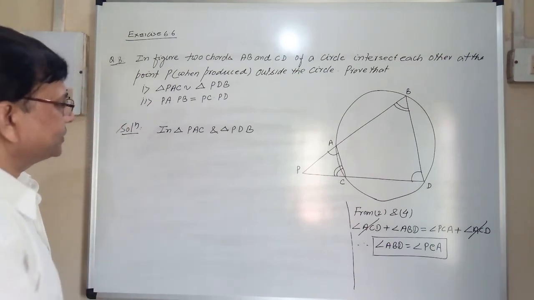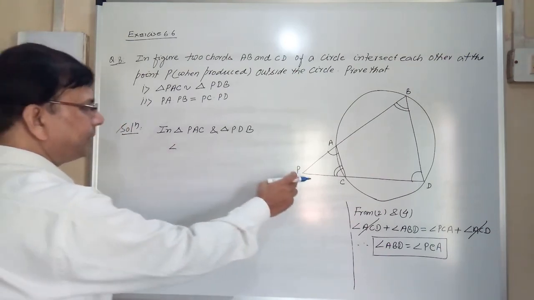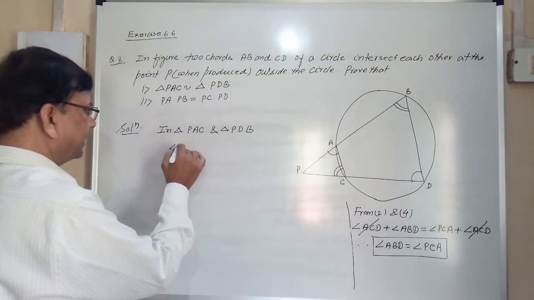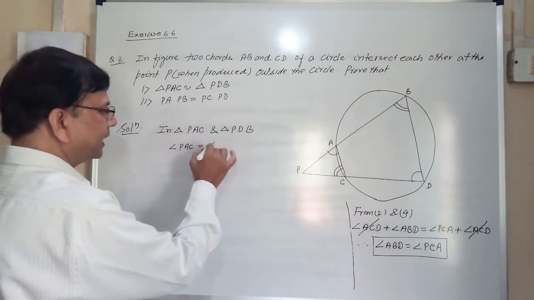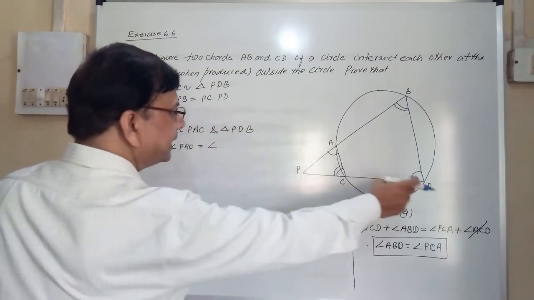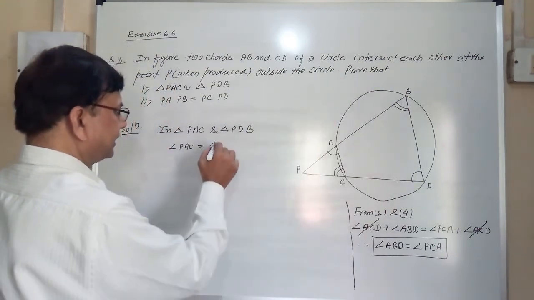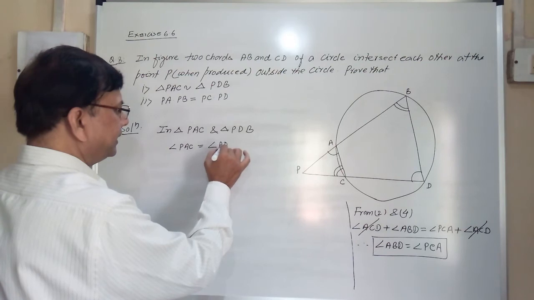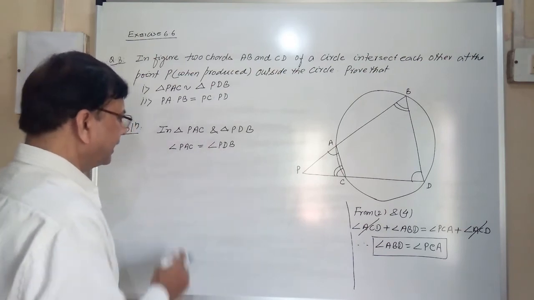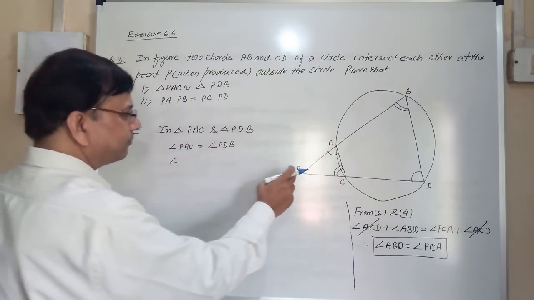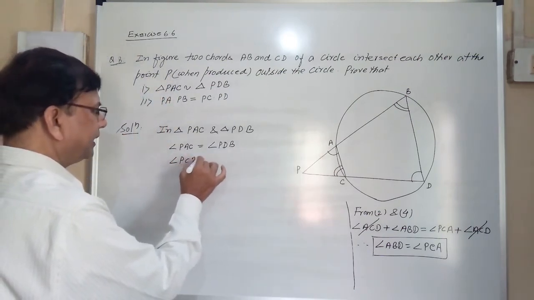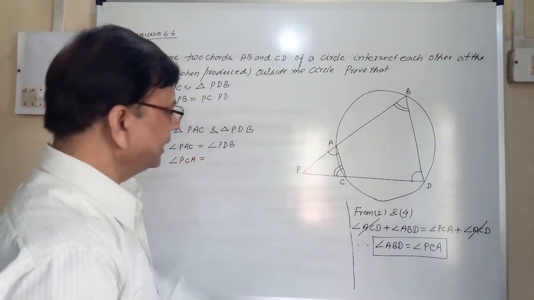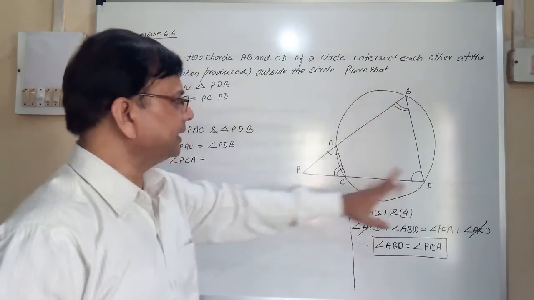In these two triangles, angle PAC is equal to angle PDB, and angle PCA is equal to angle PBD.